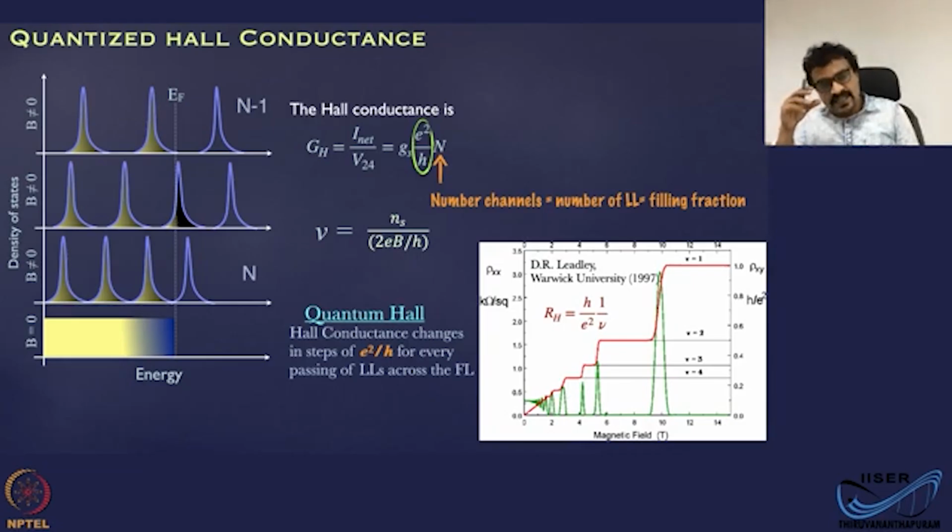Now, just to understand this a little bit further, consider the picture that we drew in the last class, where you have the continuum of states at B equal to 0, that is going to get split into different Landau levels when you apply a magnetic field, and the Landau level spacing will increase when you increase the B field.